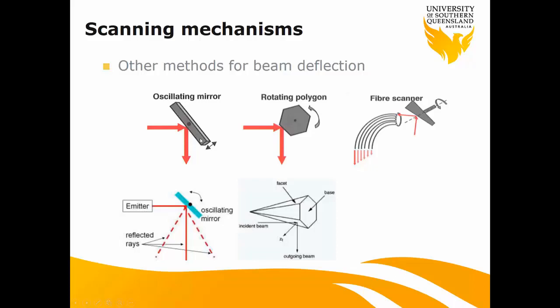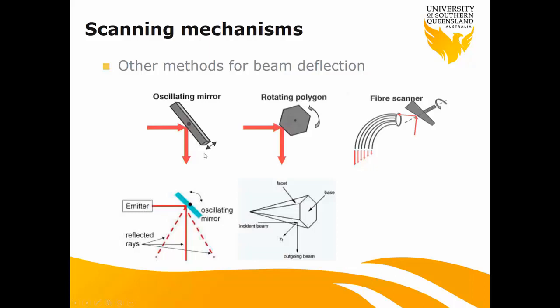This one is used by Leica ScanStation 2, for example. We used this Leica ScanStation 2 in our teaching 10 years ago at USQ. That's also the first laser scanner at USQ. It uses a deflection method this way.